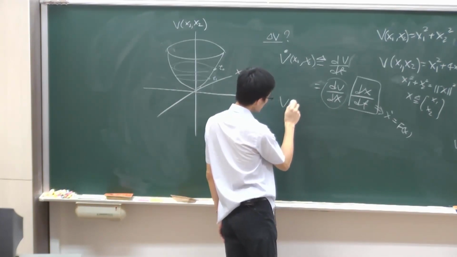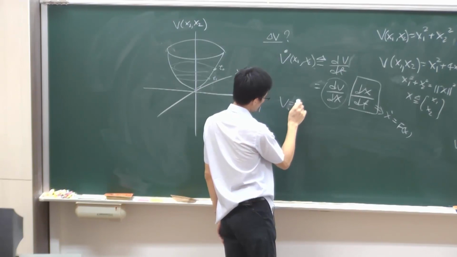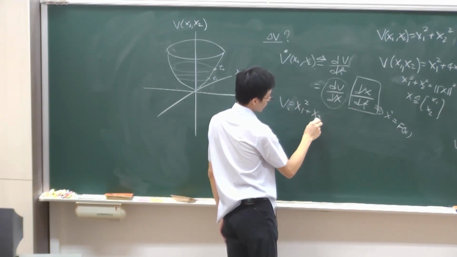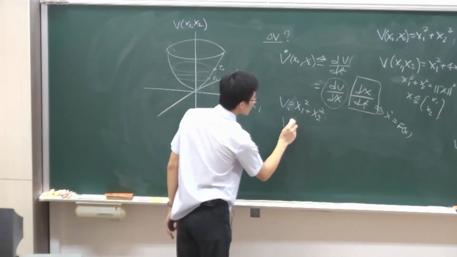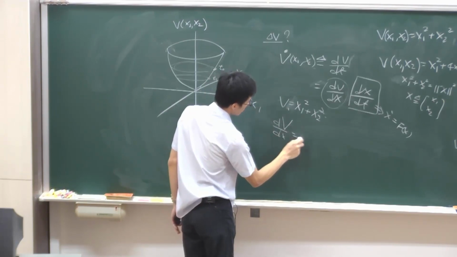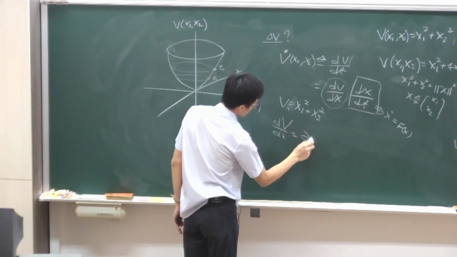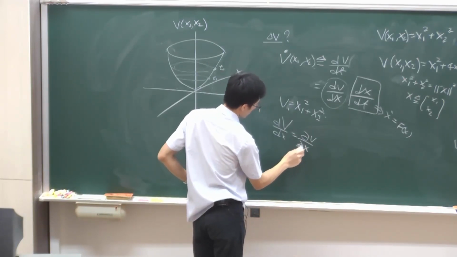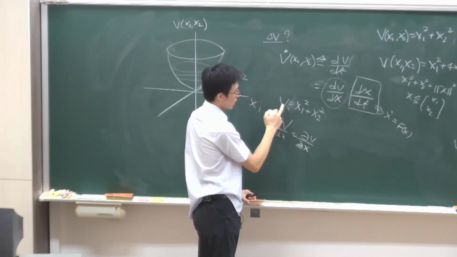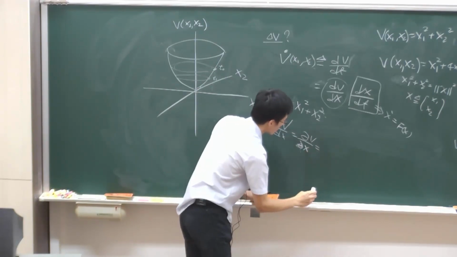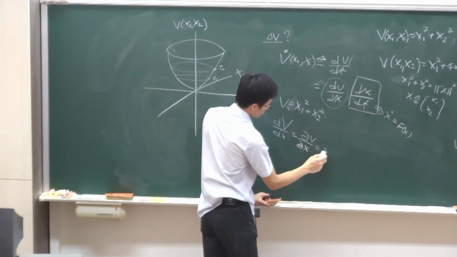For example, if your V is x1 squared, it's just gradient. Gradient is defined as partial V partial x. Okay，因为 V 的 argument 是 x 的函数嘛，所以你 gradient 一定是对 x 做 gradient，不会有 t。So what's this? It's 2x.